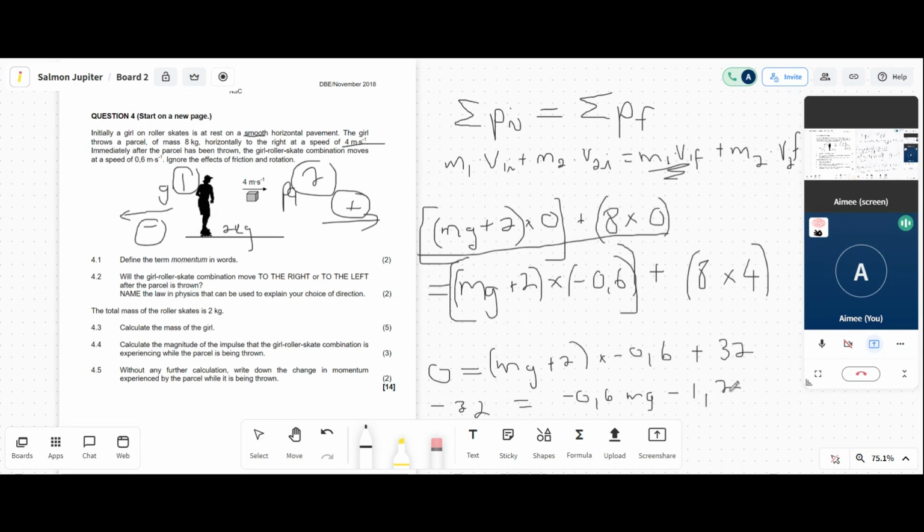So we take our calculator, we take this over, it becomes negative 32 plus 1.2, because remember, when we take a negative over to the other side, it becomes positive. So now we're left with negative 30.8, and we divide that by negative 0.6.